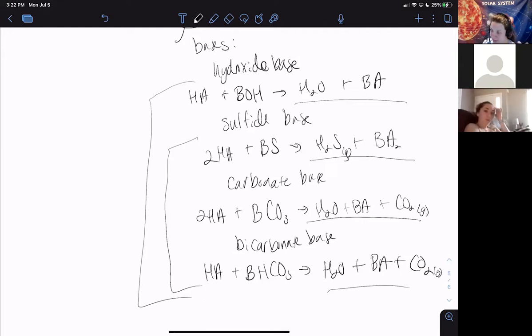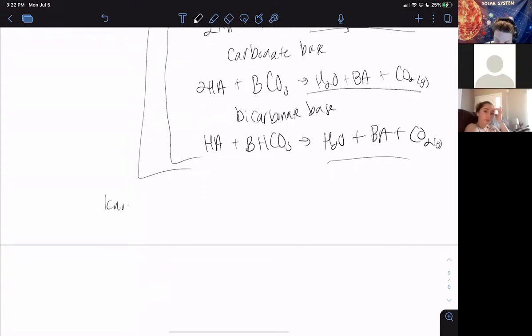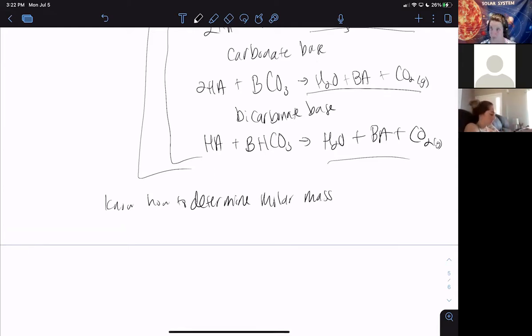You should understand what a limiting reactant is. If you've done the take-home exam, you should already know how to determine molar mass.